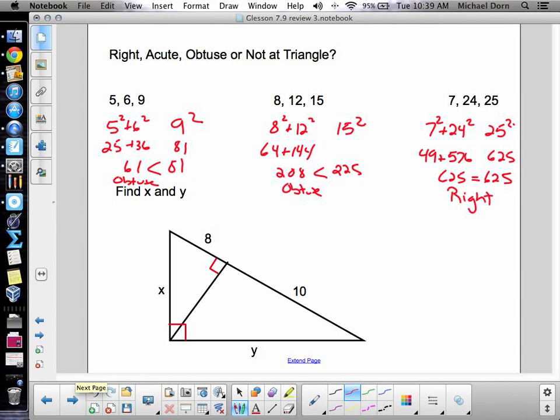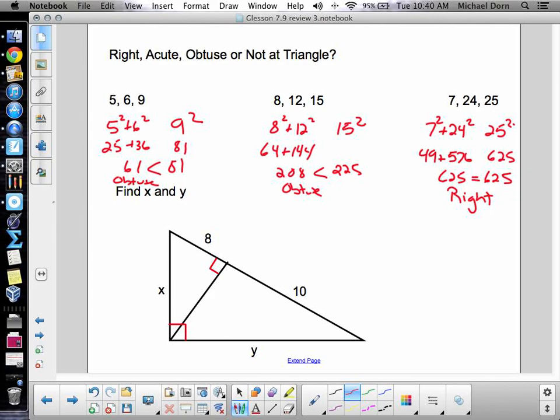Now, hopefully some of you, when you saw 7, 24, 25, are getting to the point now where you're recognizing that as a Pythagorean triple. Remember, we've dealt with Pythagorean triples in the past. Things like 3, 4, 5, or 5, 12, 13, 8, 15, 17, 7, 24, 25. Those are groups of integers for which a squared plus b squared equals c squared.